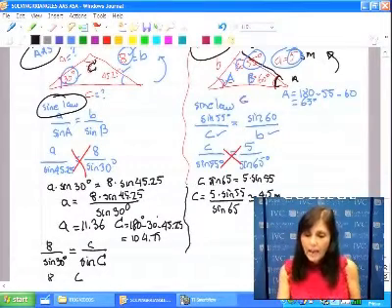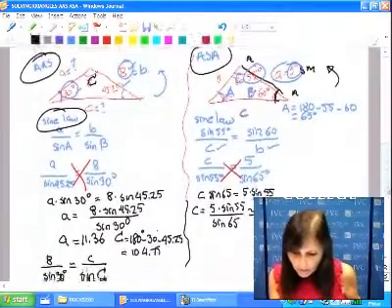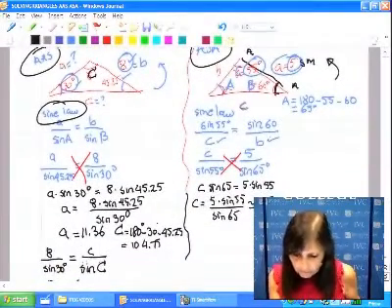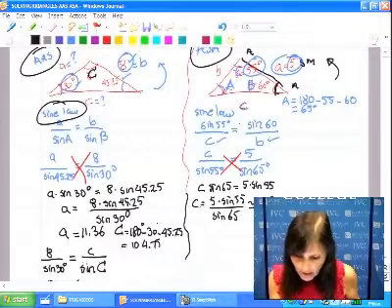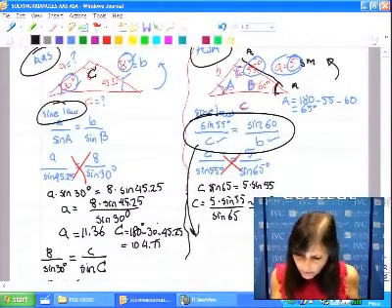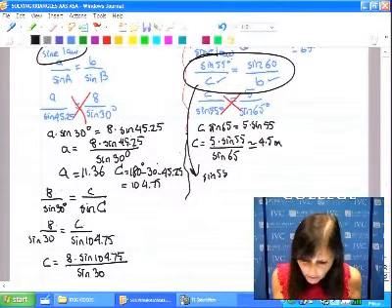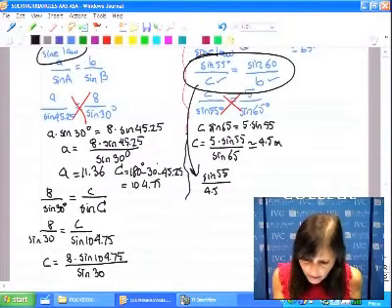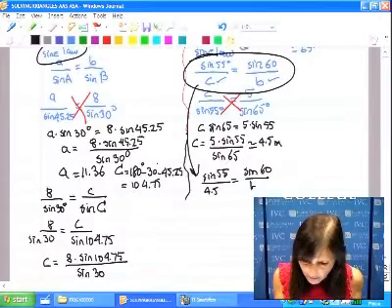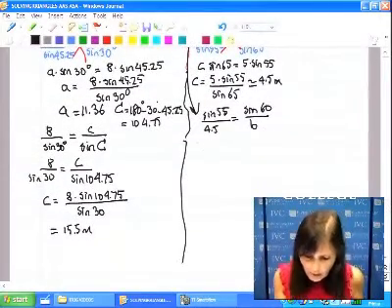So I got the angle, and what else can you have? Since I have the C, I can use this now. I can put down sine of 55 over C, which is 4.5, and that's going to be sine of 60 over B. And you can apply your sine rule one more time.